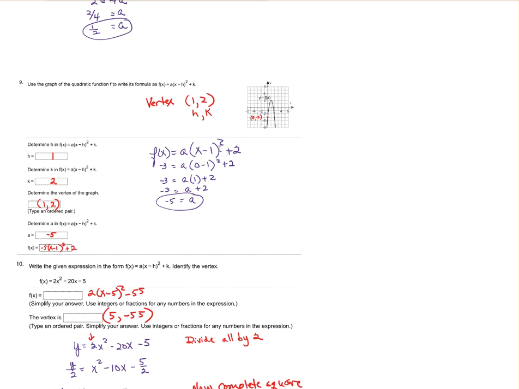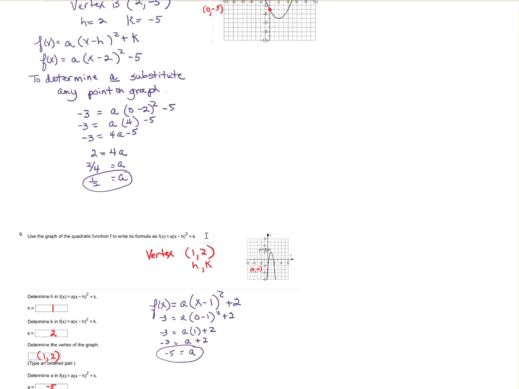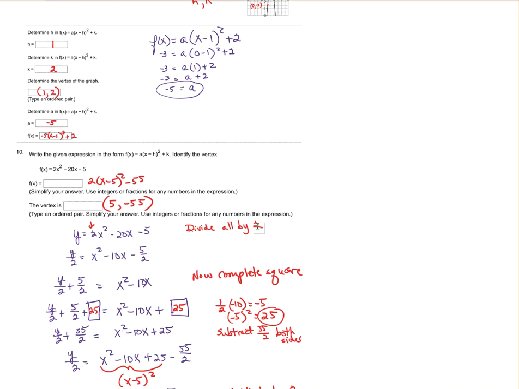And then we do the same process. F of x equals a times x minus 1 squared plus 2. Square that, you get 1a plus 2. So subtract 2 over there, you get -5 is a, and that's going to be -5 times parentheses x minus 1 squared plus 2. So just remember that process to find a when you don't have it.